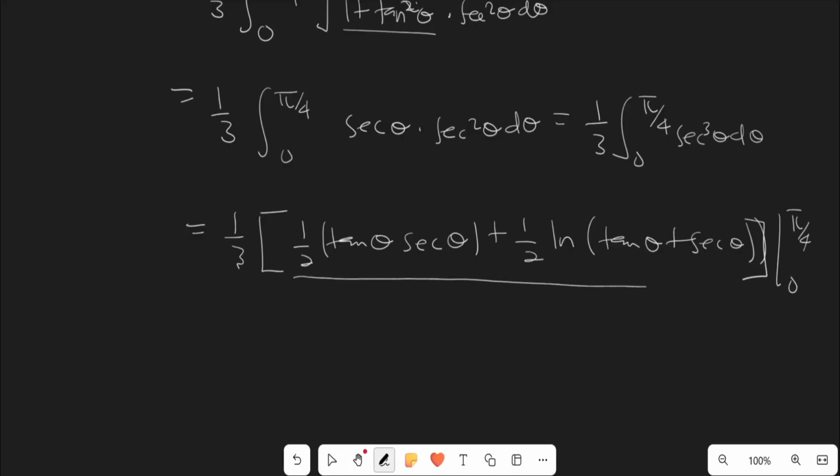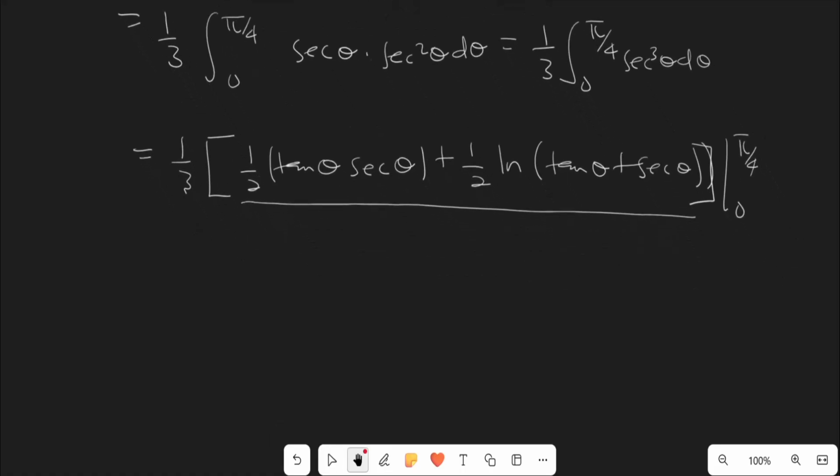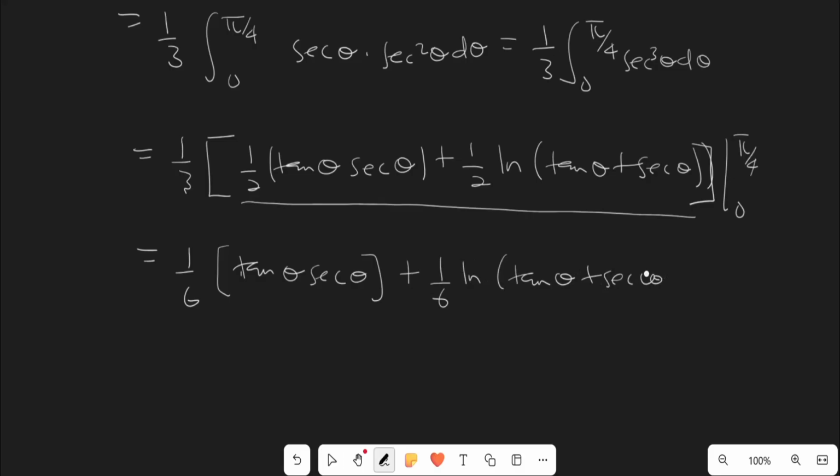This is the value of our integral of secant cubed theta. So this is 1/3, so in the end, this is 1/6 times tan theta secant theta, plus another 1/6 natural logarithm of tan theta plus secant theta, from 0 to pi over 4.